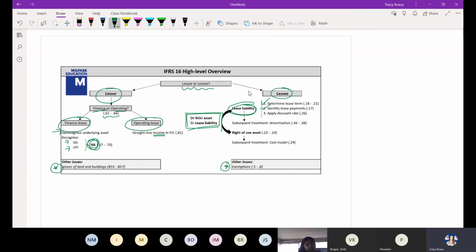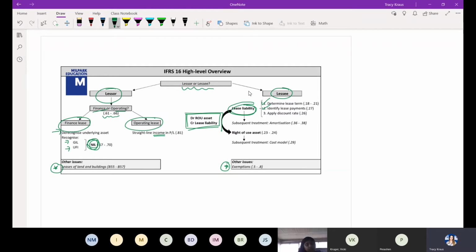There's also something called in substance fixed payments, which we said were fixed payments dressed up as variable payments. They look like variable payments, but they're actually unavoidable, and that makes them in substance lease payments. We spoke about variable payments that are linked to an index or rate, and we spoke about guaranteed residual values. Those would all be considered lease payments.